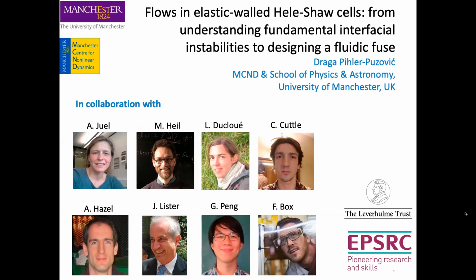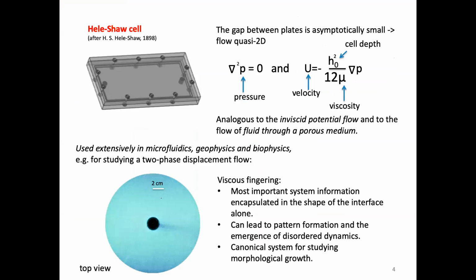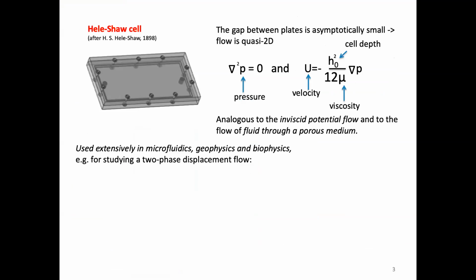Okay, so the title for my talk was inspired by Hele-Shaw cells. And this is a Hele-Shaw cell. It's a very simple experimental apparatus in which you have two parallel rigid walls, which are very close to each other. The gap between those walls is vanishingly small, so it's asymptotically small.